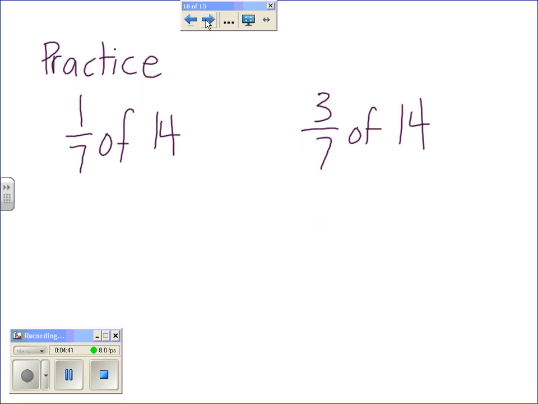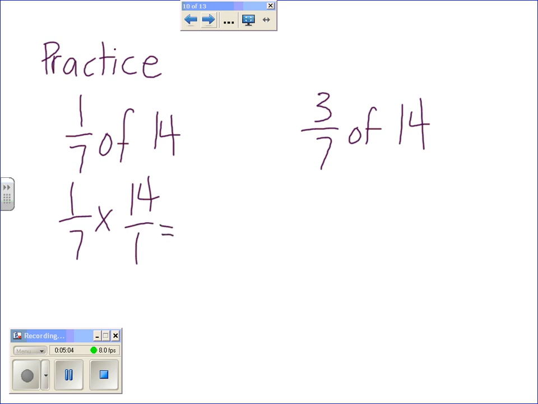Time to practice. We've got 1/7 of 14 and 3/7 of 14. Now, we're not going to do the picture. We're just going to multiply. We're going to replace the word of with multiplication. We're going to rename our whole number as a fraction, 14 over 1.